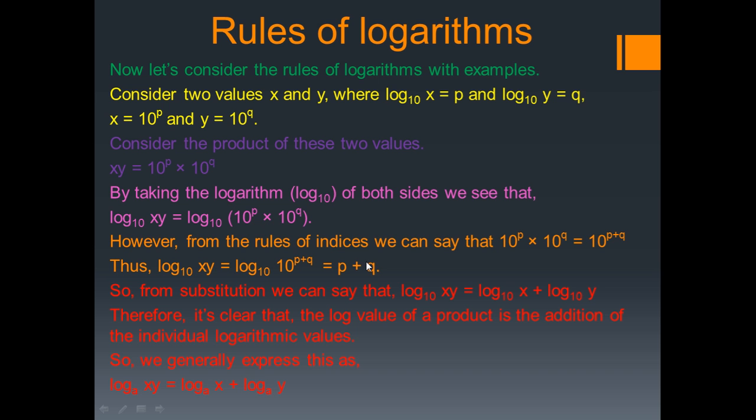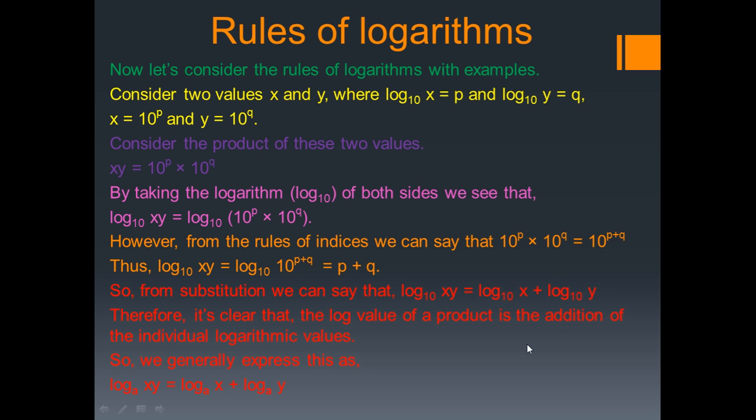So log xy to the base 10 is equal to p plus q. Now p and q are values that I took from a substitution here. So I can do the reverse operation and substitute for p and q. So p is equal to log x to the base 10, q is equal to log y to the base 10. So you can say that log xy to the base 10 is equal to log x to the base 10 plus log y to the base 10.